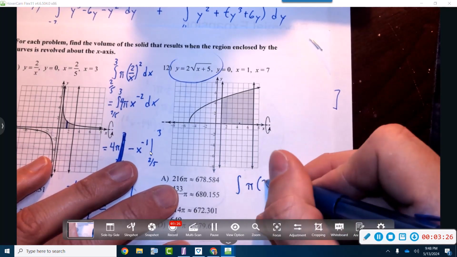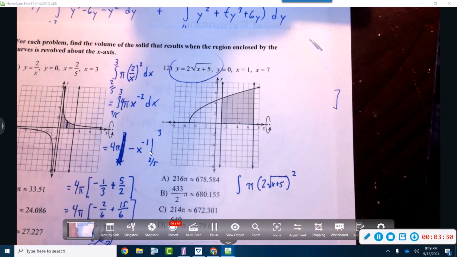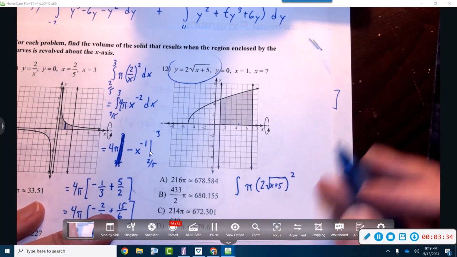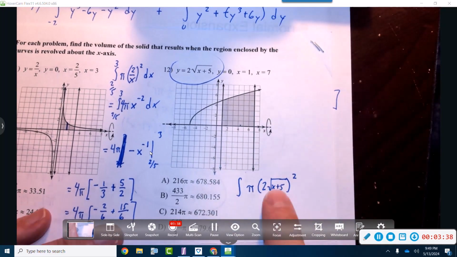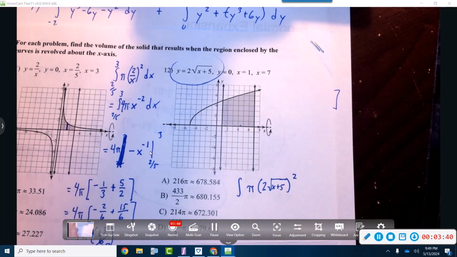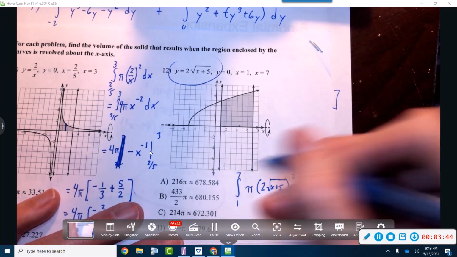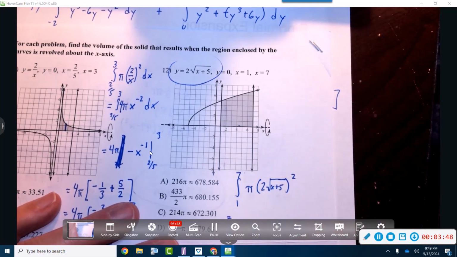And that's going to be 2x plus 5. So that's kind of nice. Okay, that is the function of the radius of this thing that's being spun. So the radius itself is a function. And this integral says that we're just going to add up all of those rectangles that we get as a result. So we're going to square this guy, but here's where it's a little tricky.